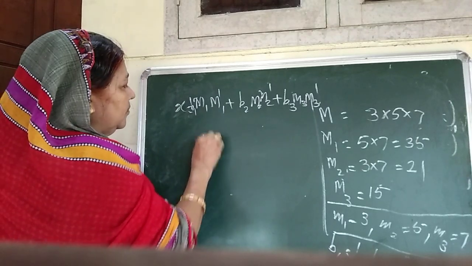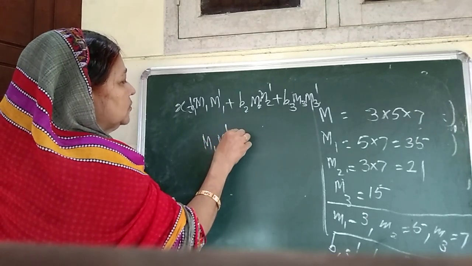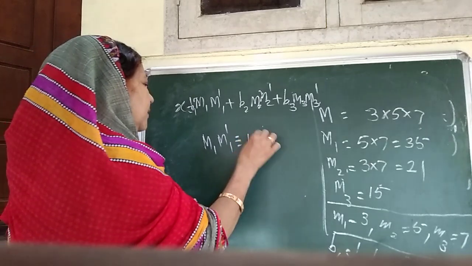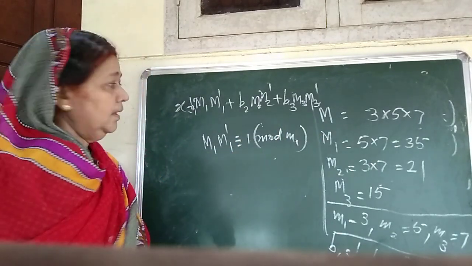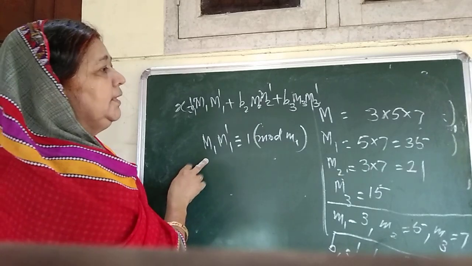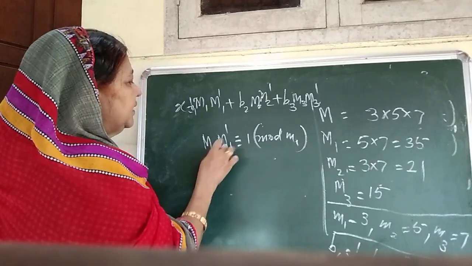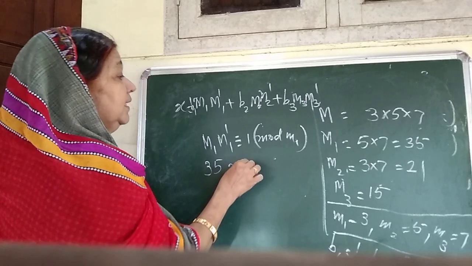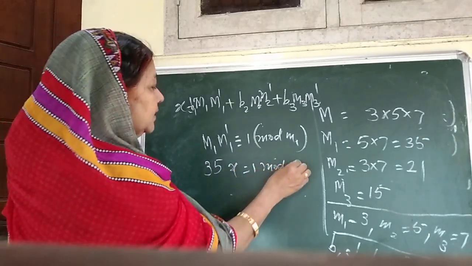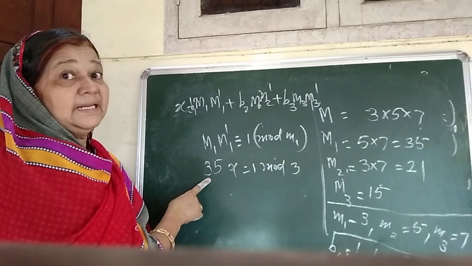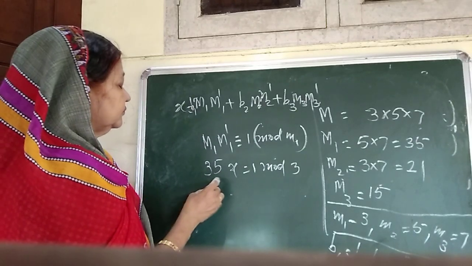We know M1 dash is congruent to 1 mod small m1. But what is M1? M1 is 35. Say M1 dash is assumed to be x, congruent to 1 mod small m1, which is 3. 35 is 33 plus 2.